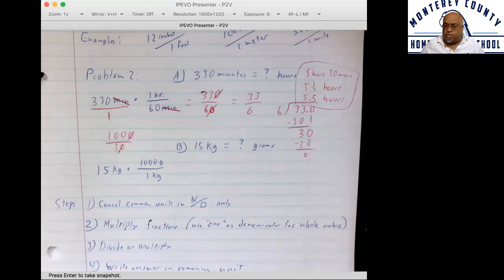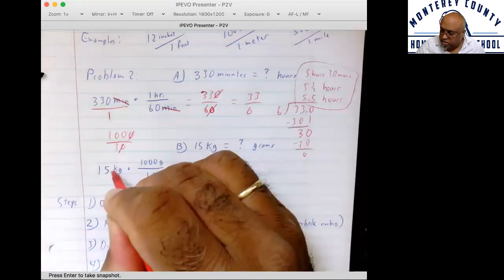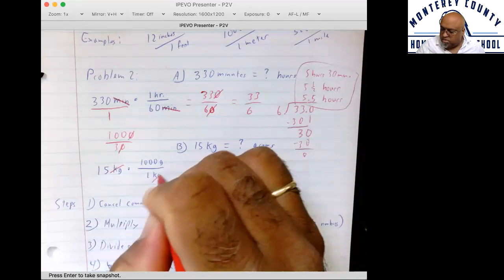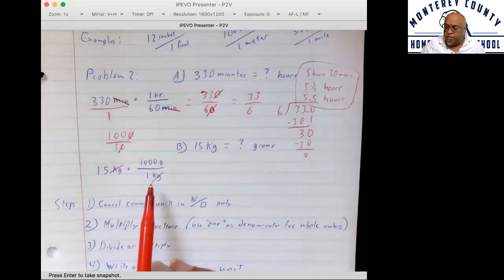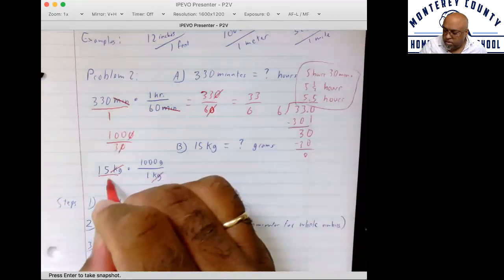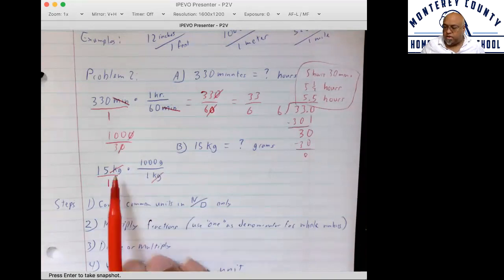So let's follow the steps. Cancel common units: kilograms, kilograms. Now I want to remind you, you can cross cancel when you have two fractions that are being multiplied. It's a way of simplification. In this case, when I'm canceling, I'm not actually canceling numbers, I'm canceling the units.